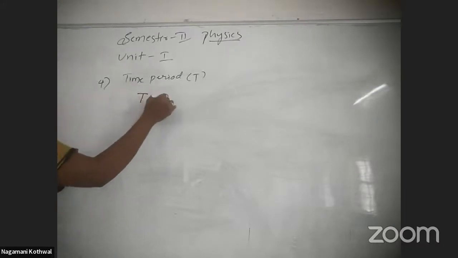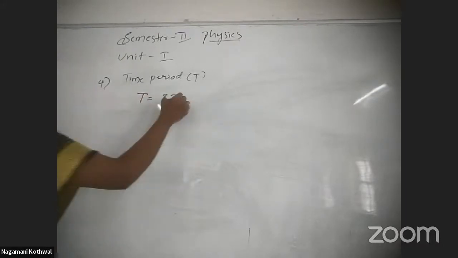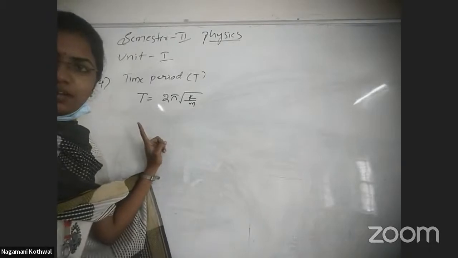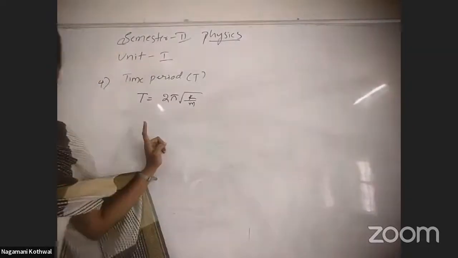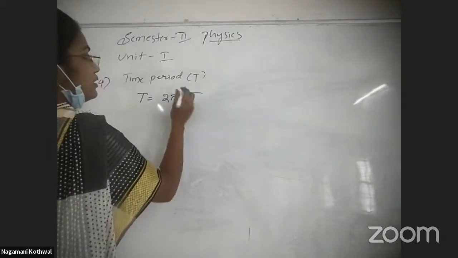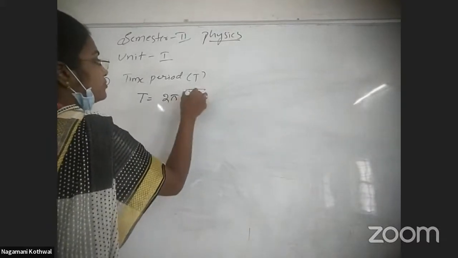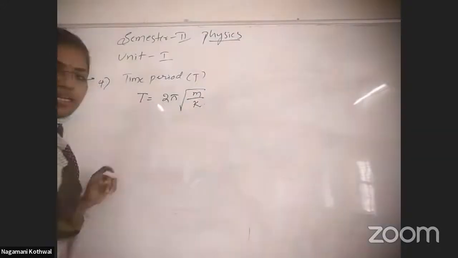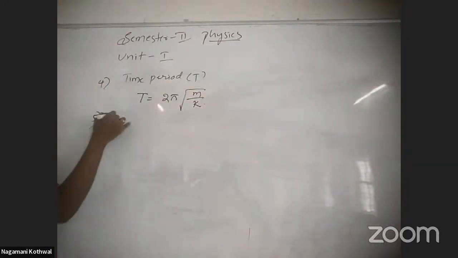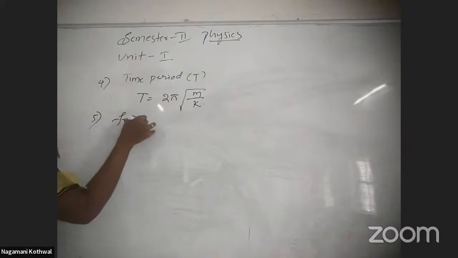Time period T is equal to 2 pi under root m by k. I think you know this time period formula, right? You don't need to derive all these things. So 2 pi under root m by k. Understand?